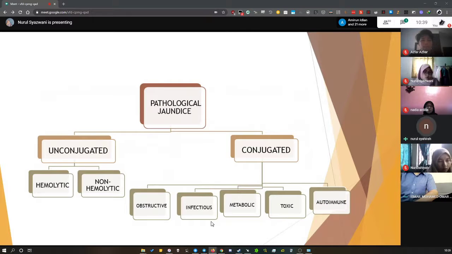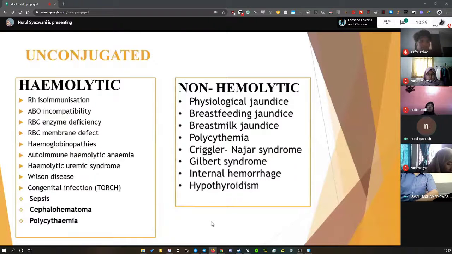For unconjugated, there are hemolytic and non-hemolytic causes, and conjugated can be divided into obstructive, infectious, metabolic, toxic, and autoimmune causes. For unconjugated pathologic jaundice, the hemolytic causes are Rh isoimmunization, ABO incompatibility, red blood cell enzyme deficiency, red blood cell membrane defect, hemoglobinopathy, autoimmune hemolytic anemia, hemolytic uremic syndrome, Wilson disease, and also infection. For the non-hemolytic, we have physiological jaundice.